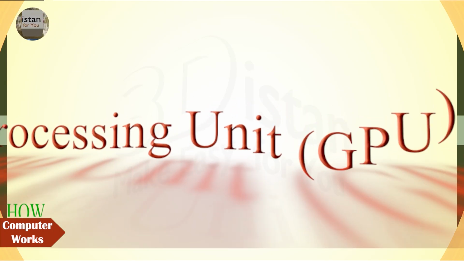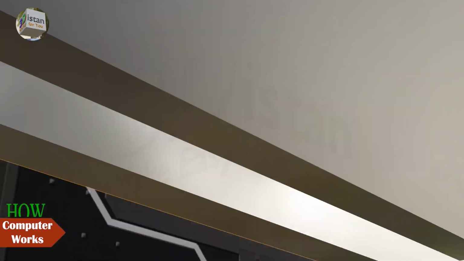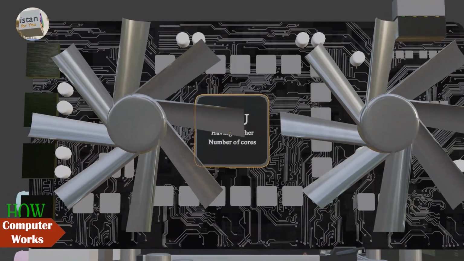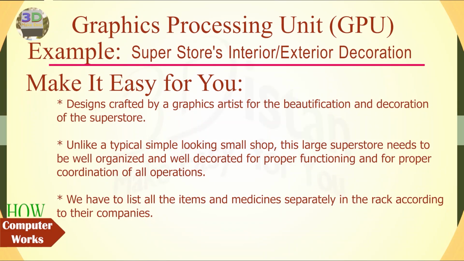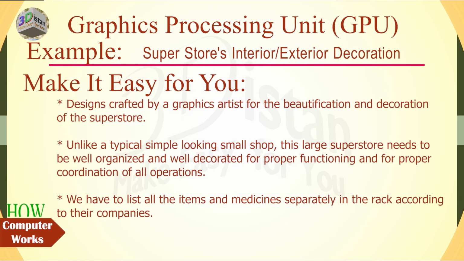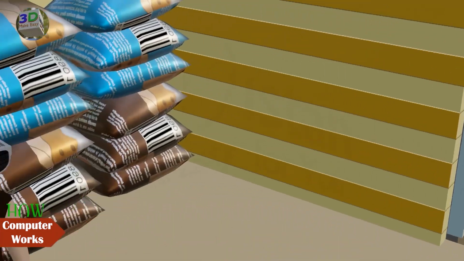Graphics Processing Unit (GPU). Example: the dedicated graphics artist in the store. Besides a simple looking small shop, a large supercenter needs to be very much organized and decorated for proper functionality. We have to place medicines in the racks properly with respect to their companies separately.